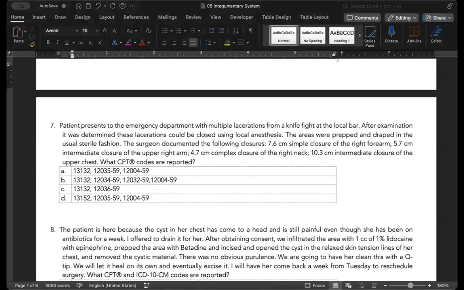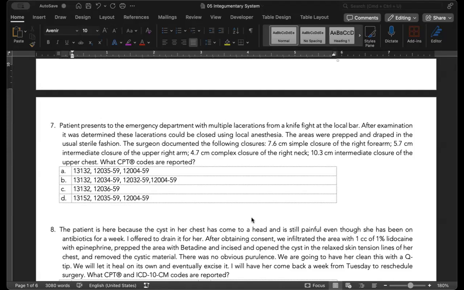So from here, let's actually look at this critically thinking wise, not necessarily process of elimination for this one. Okay. So when we have multiple lacerations that we are closing, if we have different types of repair, meaning some are simple, some are intermediate, some are complex, which one should be listed first?